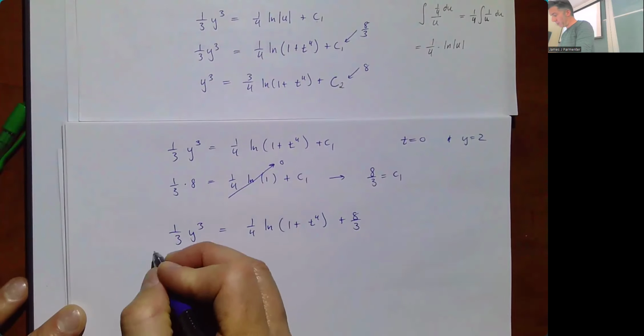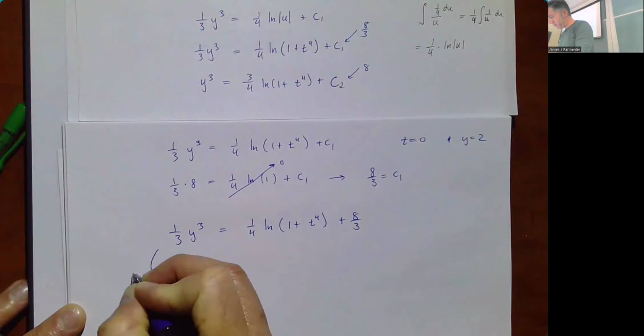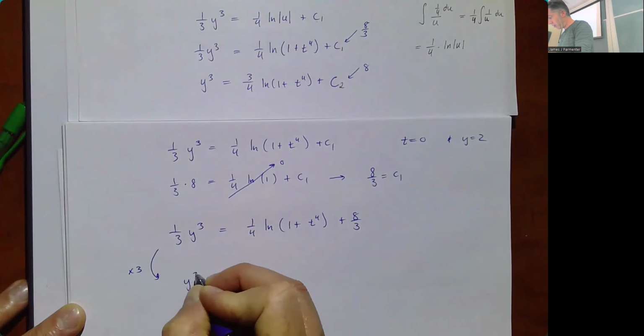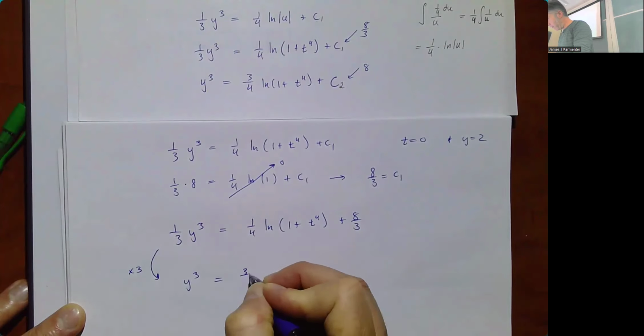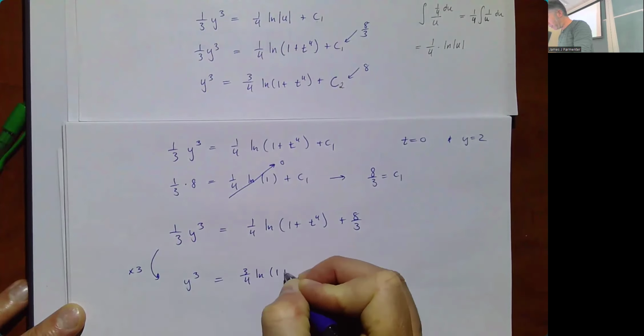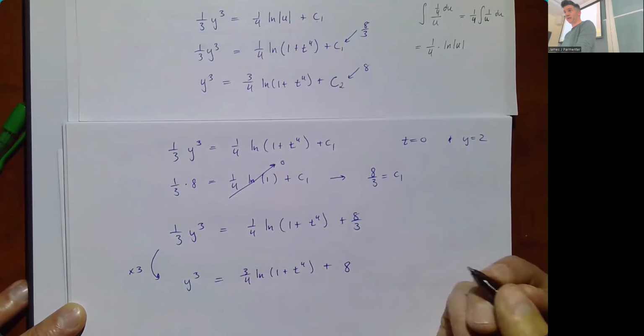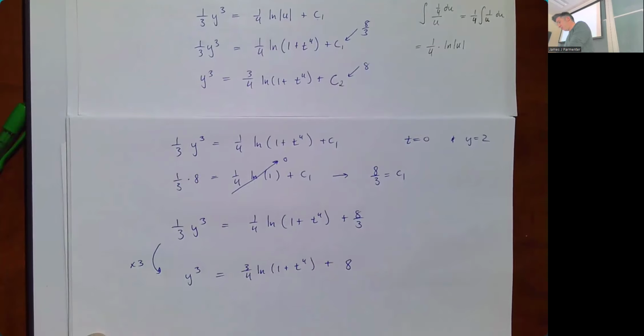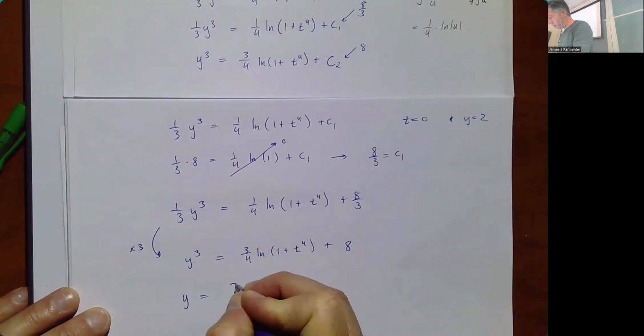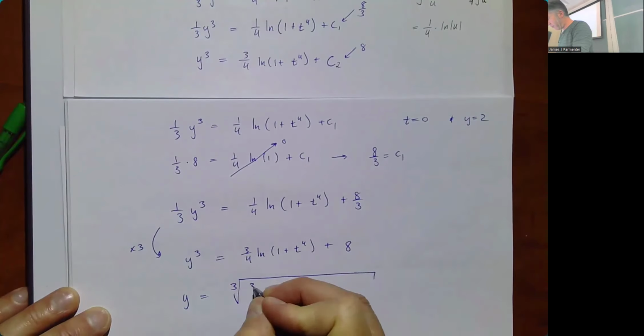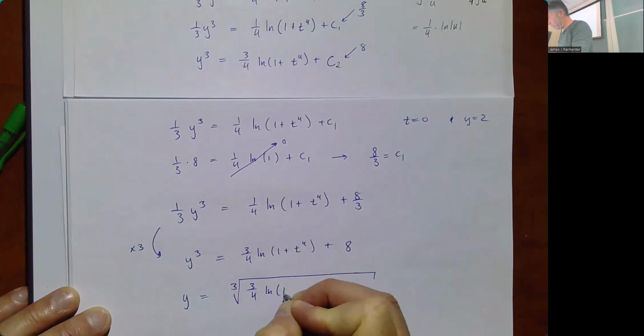So in the next step, I multiply both sides by 3, and I get y cubed equal to 3/4 natural log of 1 plus t to the 4th plus 8/3 times 3, which is 8. Then I take the cube root of both sides, and I get y equal to the cube root of all that stuff. I still end up with the same answer.